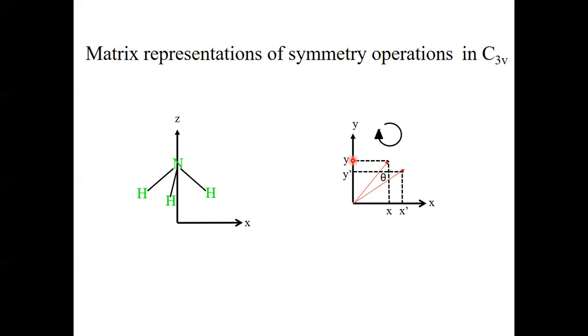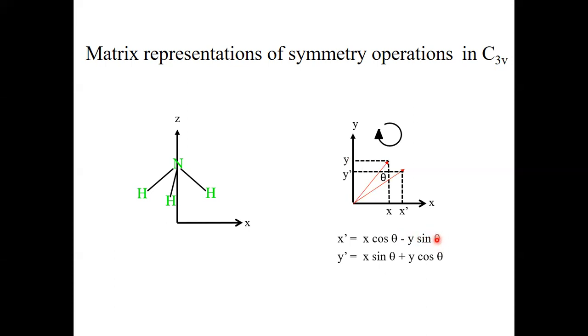Okay, so how do these coordinates transform? This is determined by trigonometry. And if you apply trigonometry, and I do not go through the exact mathematical steps here, then the new coordinate x prime is given by this formula here. It's x times cosine theta, again theta is the angle on which we rotate, minus y times sine theta.